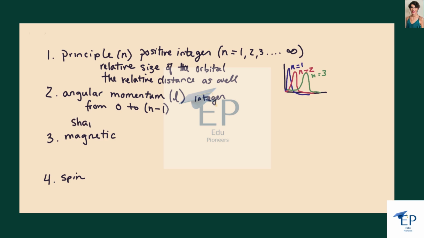And this tells us the shape of the orbital. So if n was equal to 1, then we know that L is equal to 0. If n is equal to 2, then L is equal to 0, 1. And if n is equal to 3, then L is equal to 0, 1, 2.